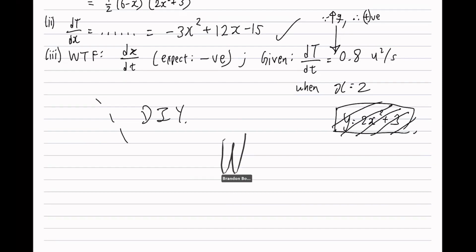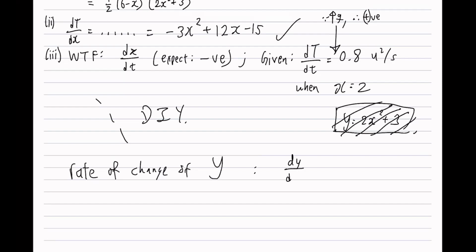The standard phrasing will always be: rate of change of, let's say y, then this will be translated as dy by dt, with time by default.